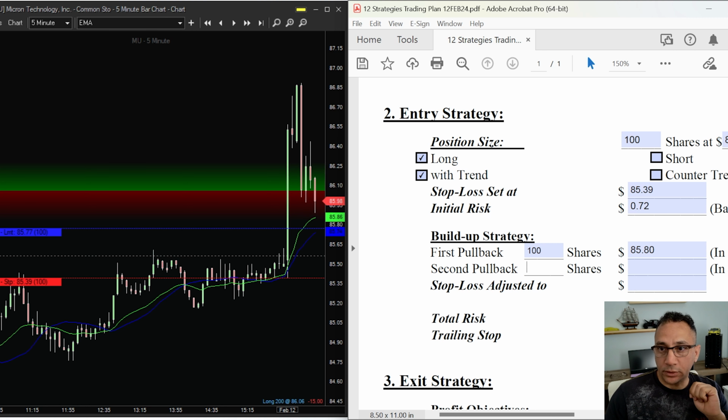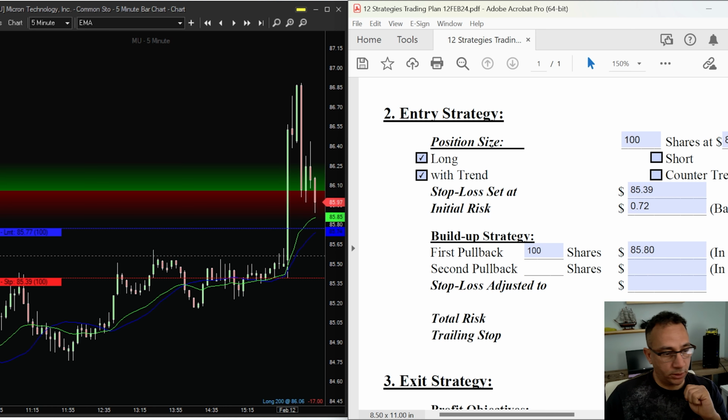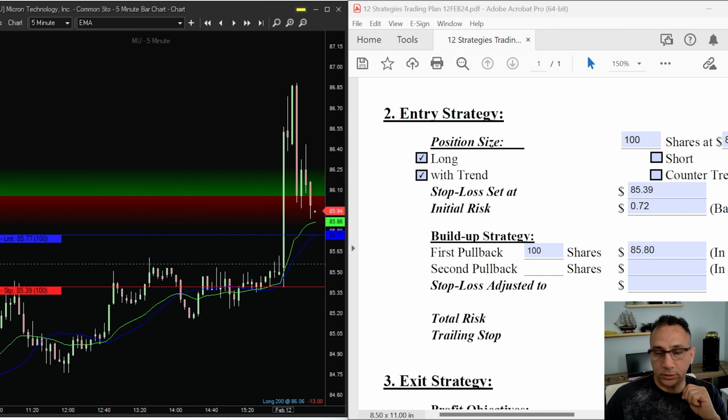What we need to do is adjust the number of shares. You see the stop loss is at 100 shares only. We're gonna make it 200.